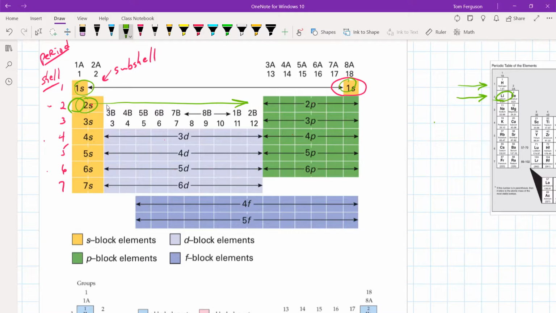We only have 3 electrons, so we only do S electrons. Okay, and I want you to follow that. How do we get to lithium? Well, we start up here at shell 1 and go, well, we have S electrons, S electrons, S electrons. We never get to the P's because we don't have enough electrons to get there. Lithium only has 3 electrons.